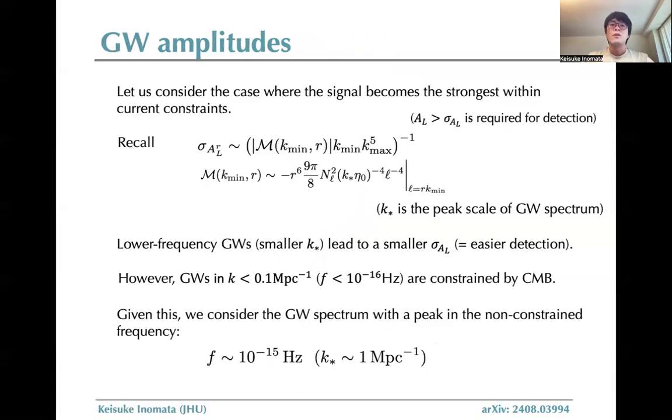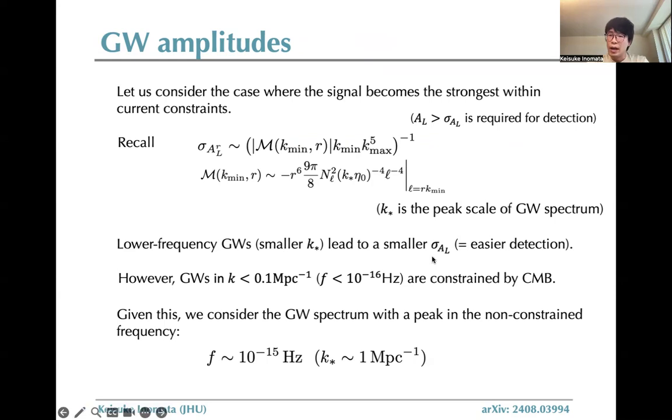And let us here consider the case where the signal becomes the strongest within current constraints. Let me record the expression for the variance. And let me record that if A_L is larger than sigma A_L, the variance, then we can detect the gravitational waves. And the lower frequency gravitational waves lead to the smaller sigma A_L, which can be seen from this factor.